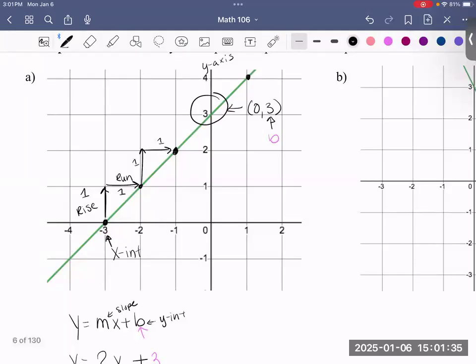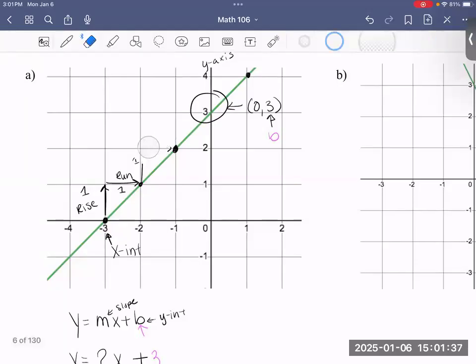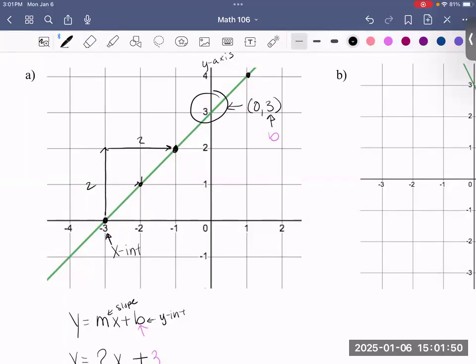If we didn't want to do those 2 points and we wanted to skip a little bit, meaning we rose by 2 and went over by 2 to get to this point, right? 2 to 2, meaning that when we're writing it, your rise is on top, 2 divided by 2, your run, meaning that this is 1.